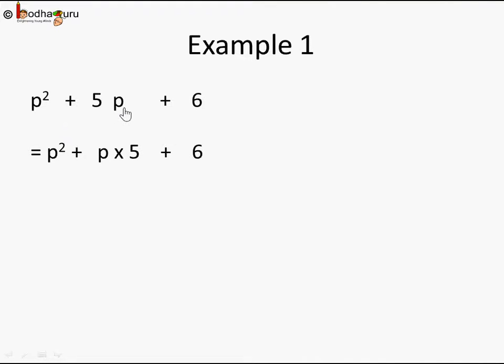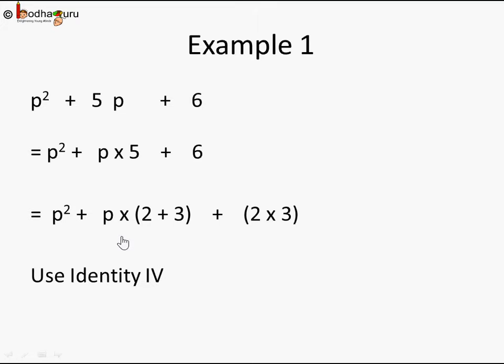So p² + 5p + 6 became p² + p into 5 + 6. And we can write 5 as (2 + 3) in a bracket, and 6 as 2 into 3. And now it is looking like identity 4 can be applied, where x is p, a is 2 and b is 3.